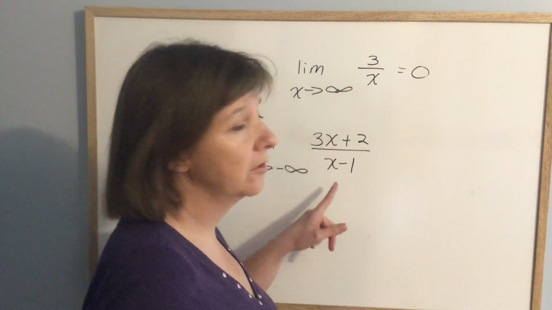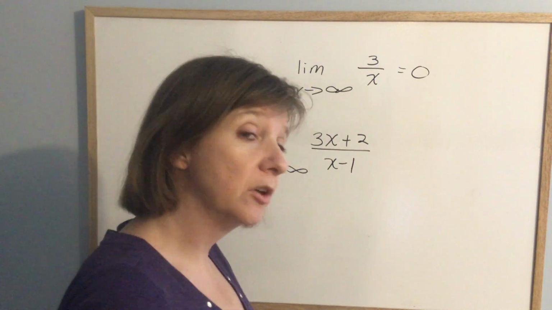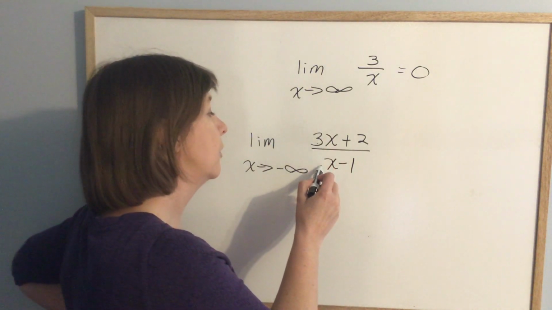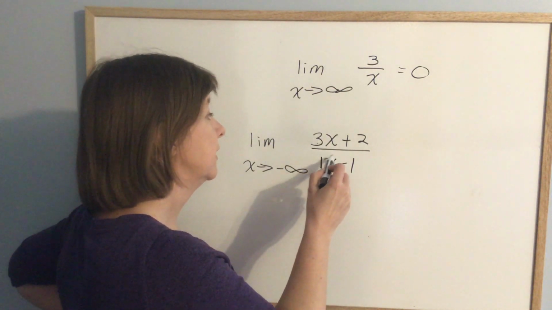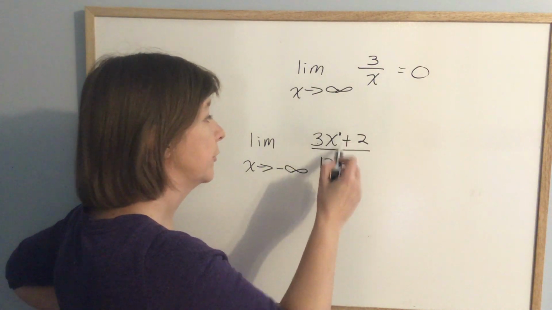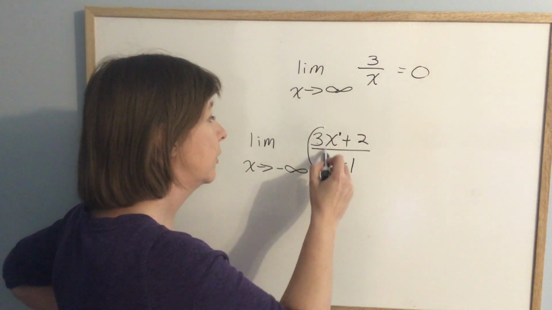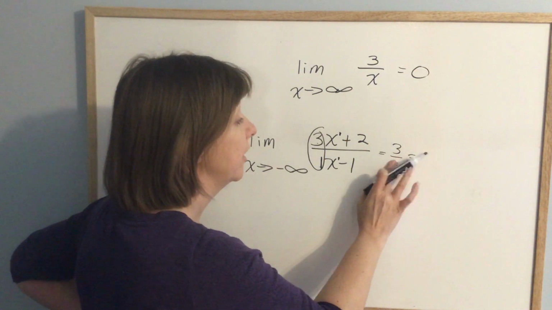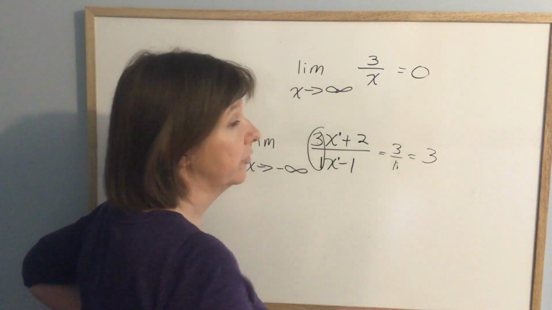So if the degree on the top is the same as the degree on the bottom, which it is, this would be 3 over 1, right? Because this is to the first, this is to the first, they're equal. So you take the leading coefficients, which would be 3 over 1, which is just 3.